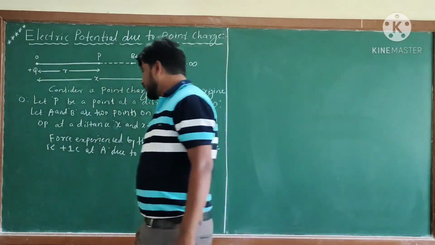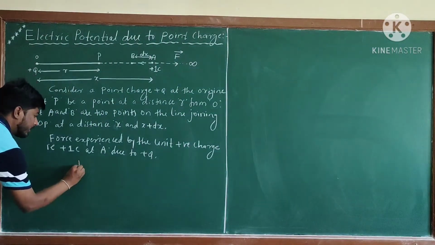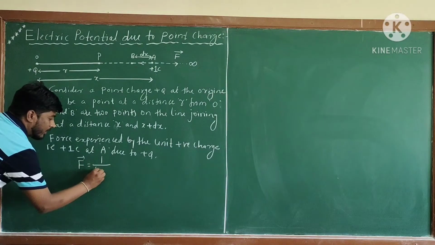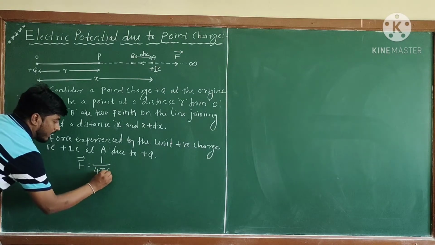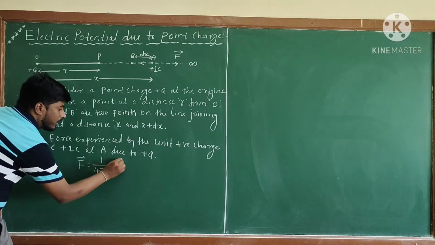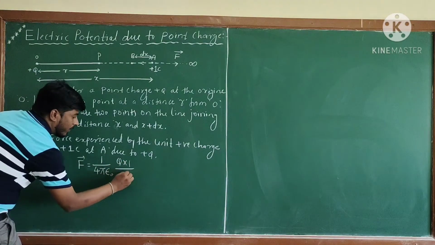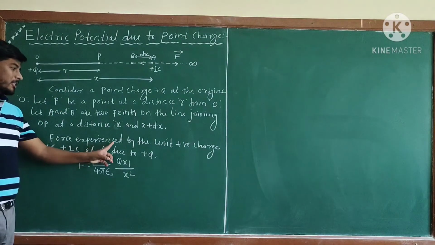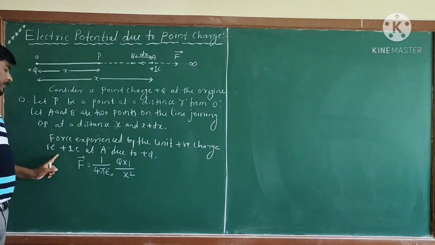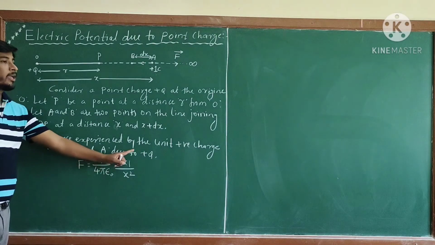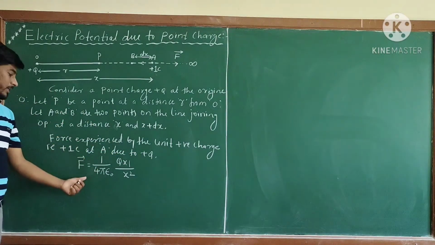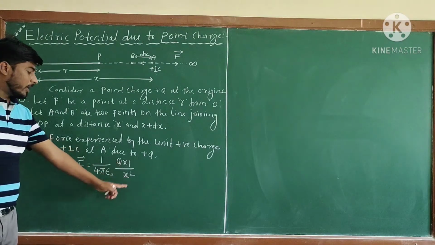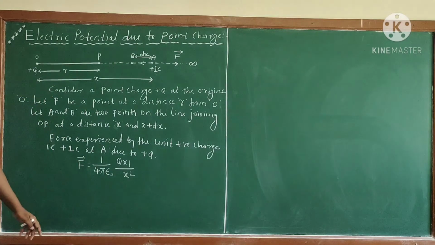Therefore, F is equal to 1 divided by 4 pi epsilon naught Q into 1 divided by x square. So the force experienced by the unit positive charge plus 1 Coulomb at A due to the point charge Q is given by F equal to 1 by 4 pi epsilon naught Q into 1 divided by x square.